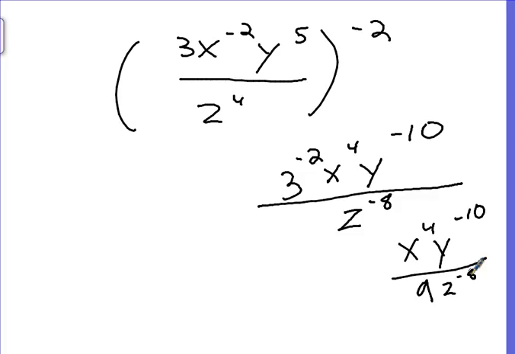Because 1 over 9, I don't need to write the 1 in. Does that make sense? All right, so we have to do that to every single factor that we have.